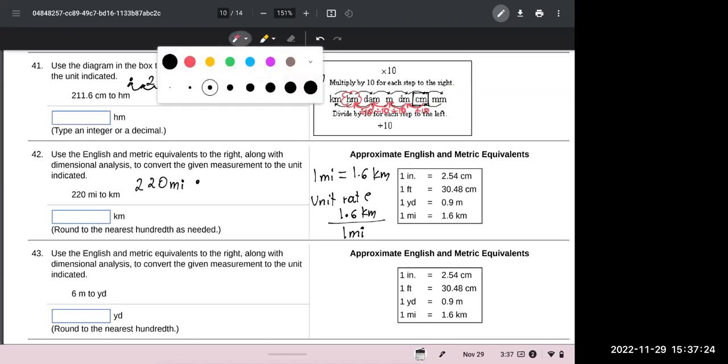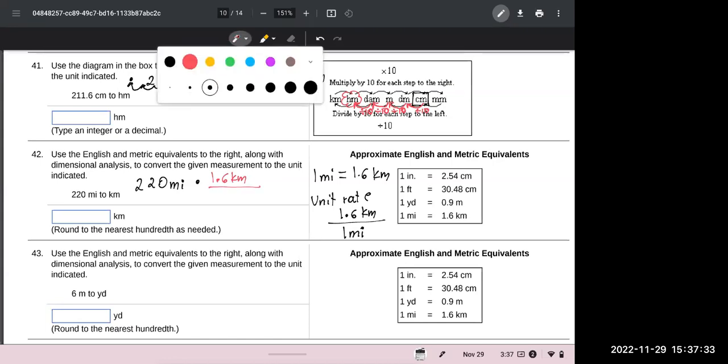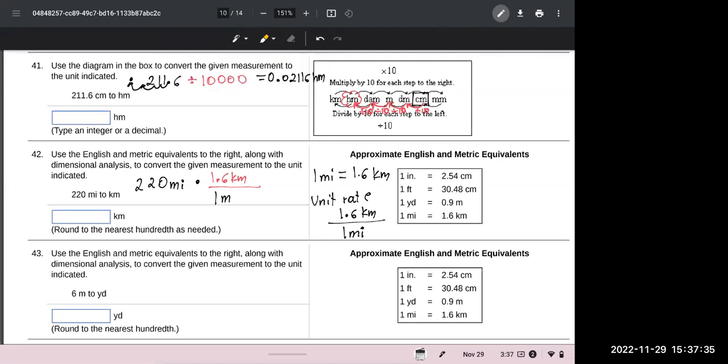So just remember that the new unit stays in the numerator, the old unit stays in the denominator. Okay, so miles will cancel, and we're going to multiply 220 times the numerator 1.6, and divide everything by 1.